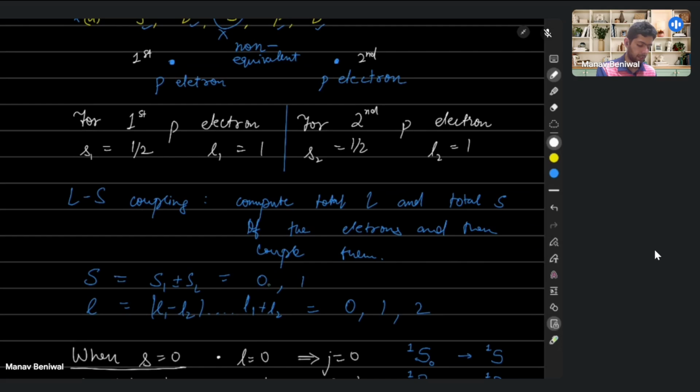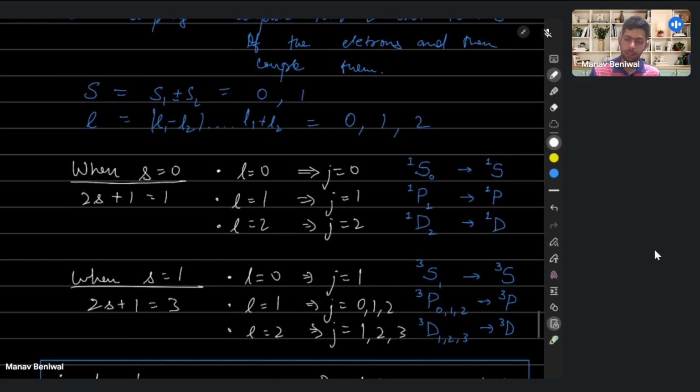Therefore, we get two values of S and three values of L, and then we make all possible combinations of S and L. So we divide this in two cases, when S is 0 and when S is 1. When S is 0, L will have all three values. Corresponding to all three values, we find the spectroscopic notation.